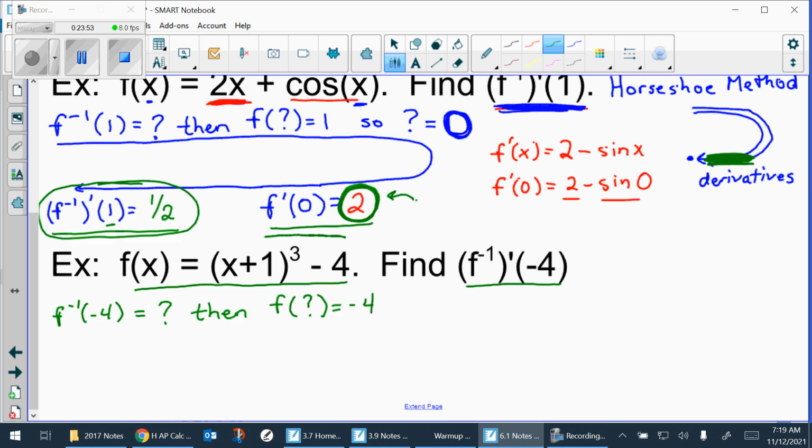What are you putting in for x so that this thing results in a -4? I think you can look at this and say, well, I got my -4 right here. If I put a -1 in here, I'm going to have 0 cubed is 0, minus 4 is -4. I think question mark has got to equal -1.